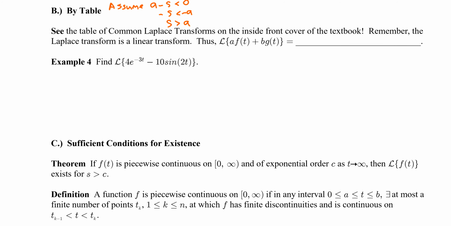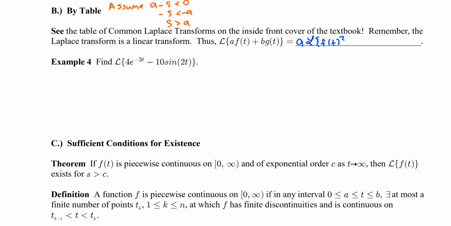So we're going to work this next example by using that table of common Laplace transforms. One thing I want you to remember, though, is the linearity property. Since the Laplace transform is a linear transform, then we can say the Laplace transform of a linear combination of functions is the linear combination of the Laplace transforms.